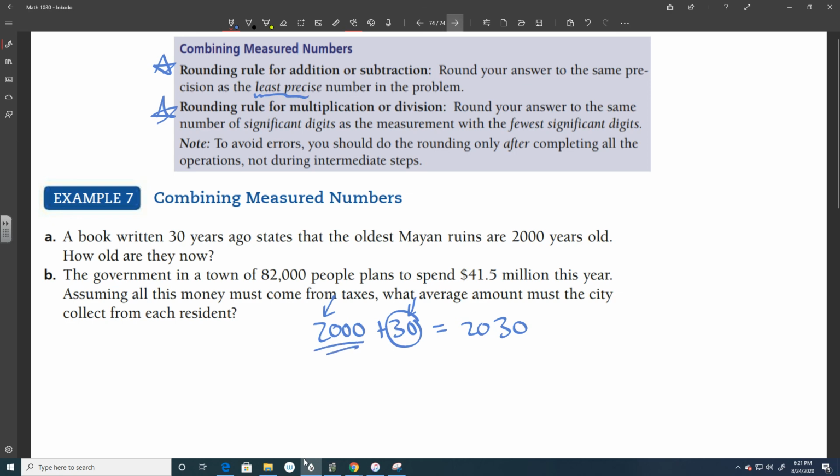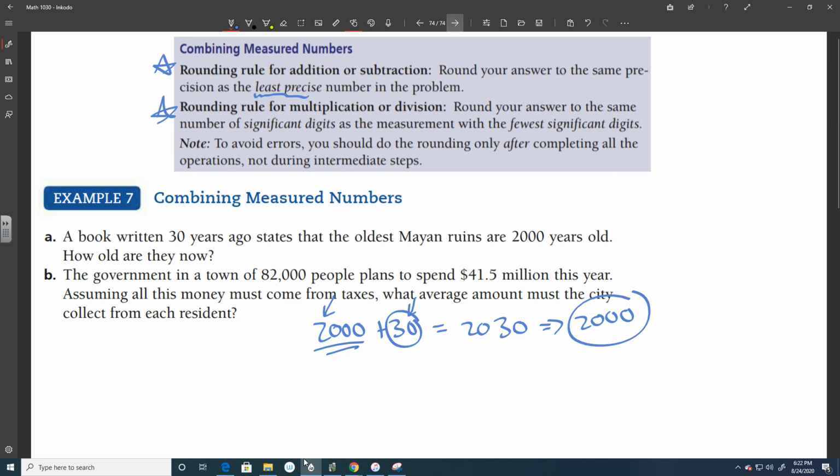So I'm going to round to the nearest thousands, which means that my 2030 actually rounds right back down to 2000. So even though that was 30 years ago, the Mayan ruins are still 2000 years old. Okay.